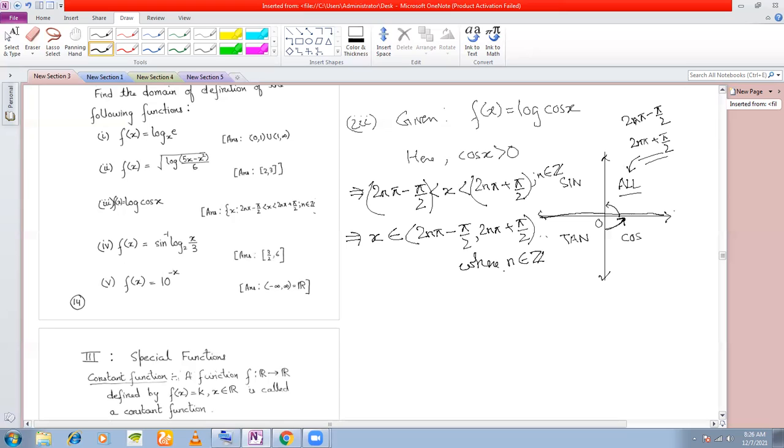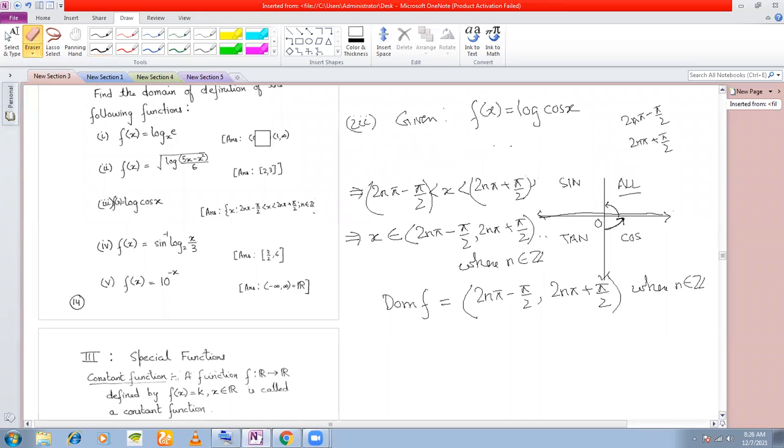Okay. So therefore, what is the domain of f? It is this interval, 2n pi minus pi by 2, 2n pi plus pi by 2, where n is any integer. Okay.